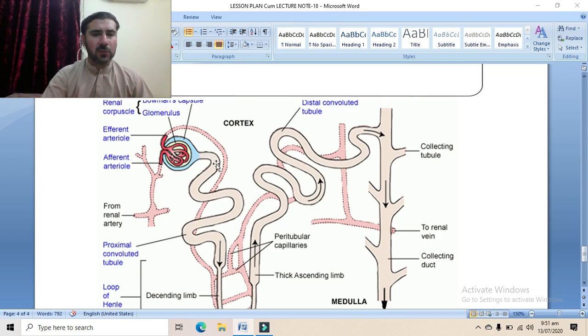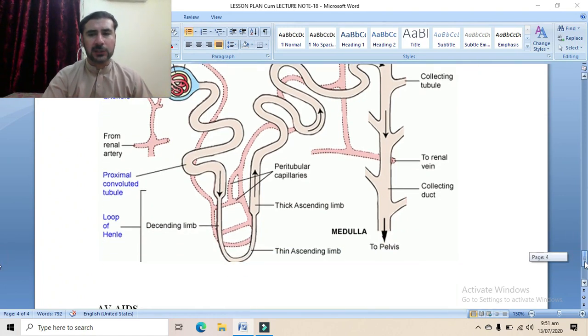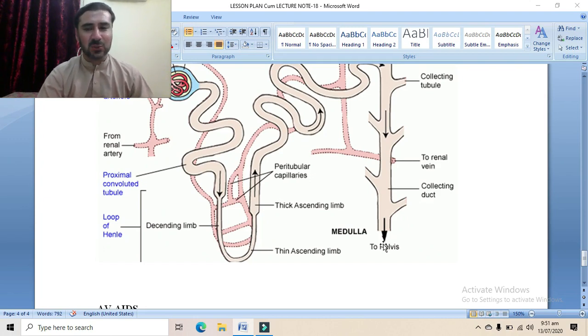This will move inside this proximal tubule, then into this loop of Henle, then up into the distal convoluted tubule, then into the collecting duct, the collecting tubule, and then to the pelvis, and from there through the ureter, and then it will be stored in the bladder, and then it will be released through the urethra.